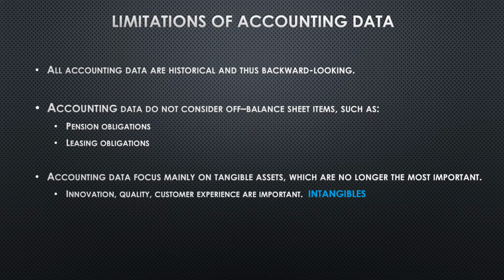And accounting data typically focuses mainly on tangible assets, which, as we've discussed before, are no longer considered the most important. What are the most important are intangibles like innovation, quality, customer experience, intellectual property, talent, that kind of stuff.